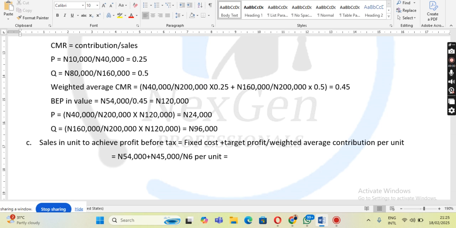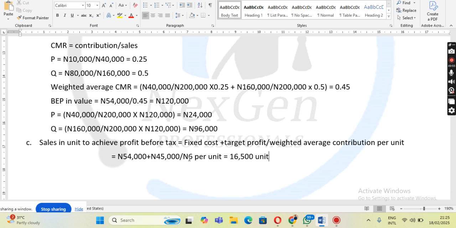So what is the total sales? 16,500 units.